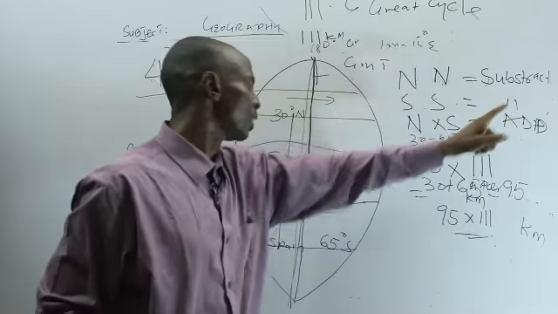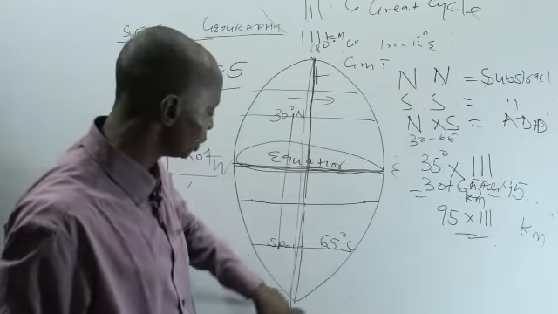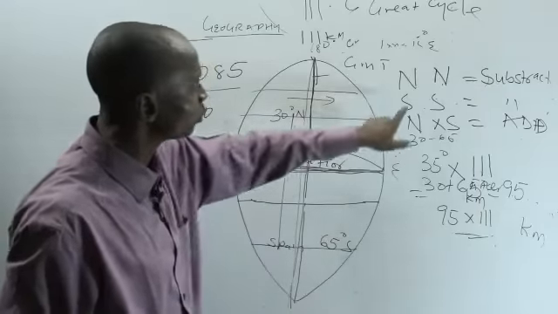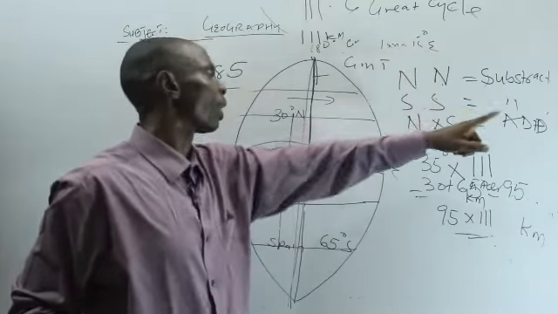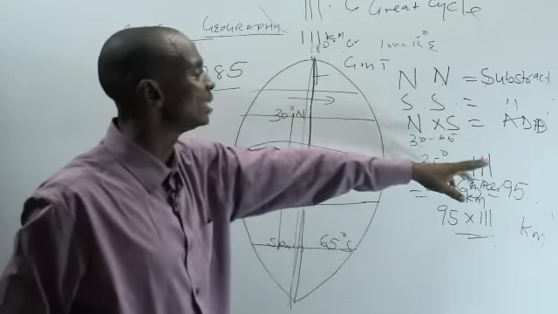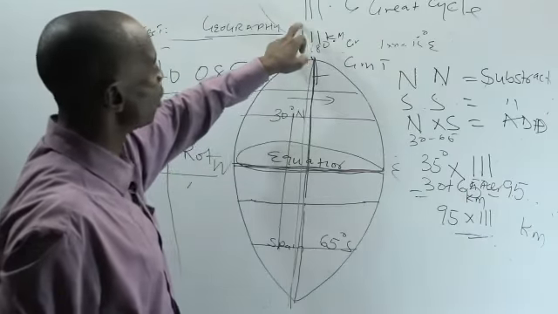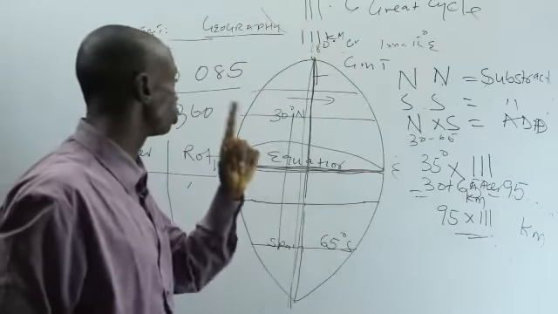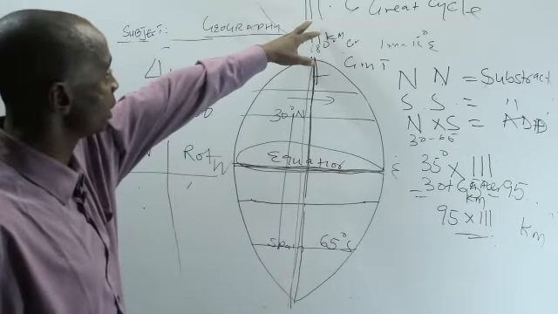You subtract. If it is from the equator to the south, you have the 2 points, what do you do? You subtract. But if it is north and south, what do you do? You add and multiply by what? By 111.